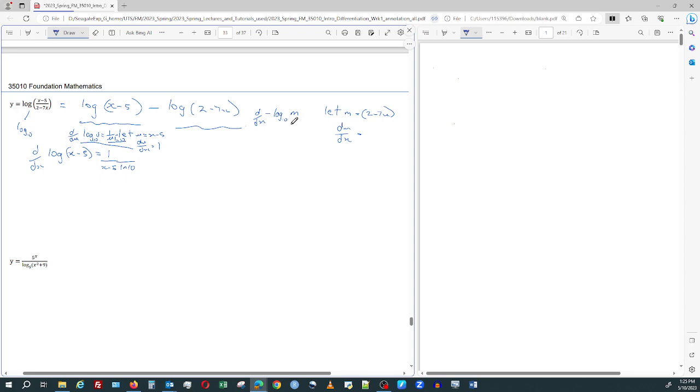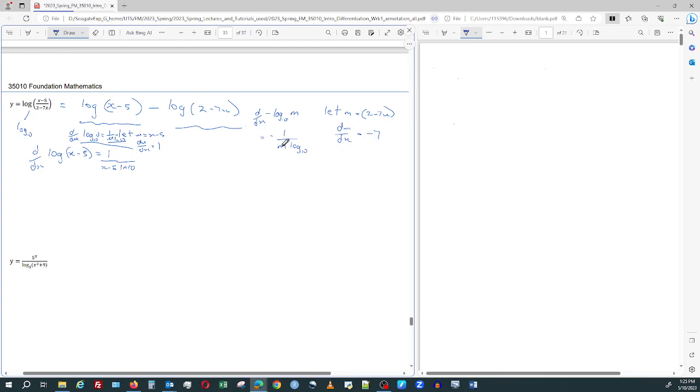So there's our log base 10 of m, and that is going to be equal to our table: minus 1 over m log base 10. Here this one is just going to be minus 7. So we put them together.